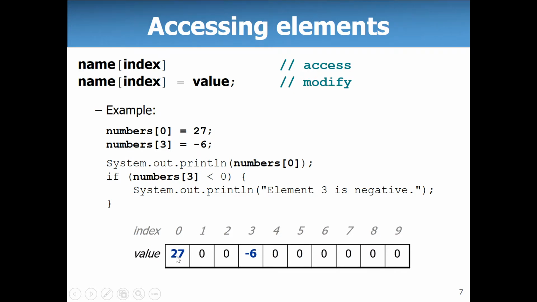Then we can print out numbers at index 0, so this will retrieve 27. Numbers at index 3 will retrieve negative 6, which is less than 0, so it'll print out element 3 is negative.